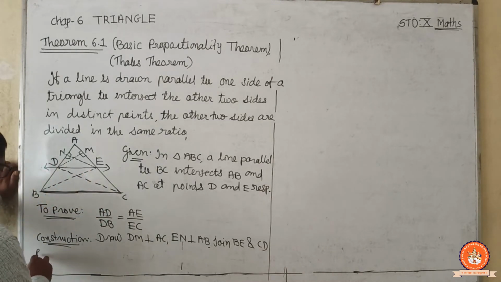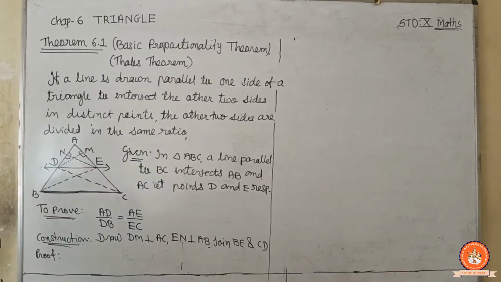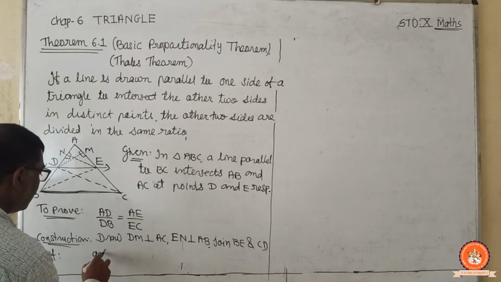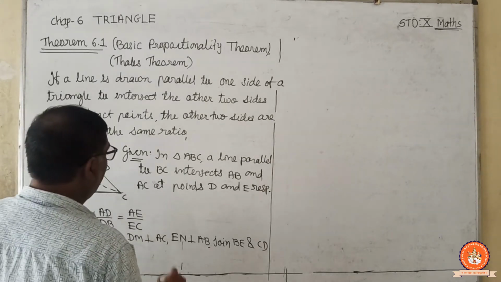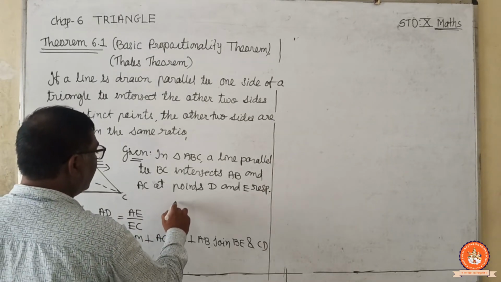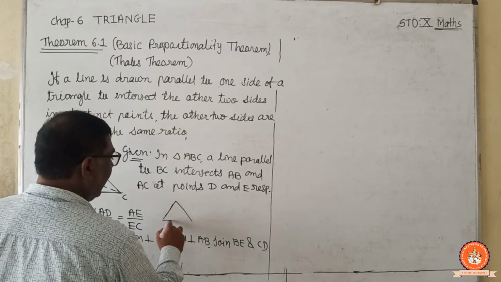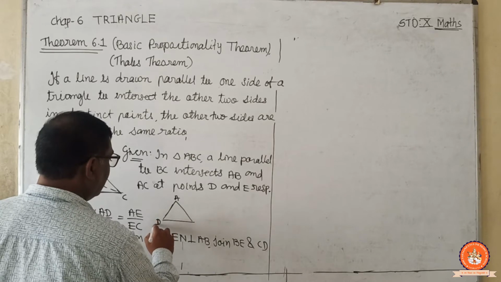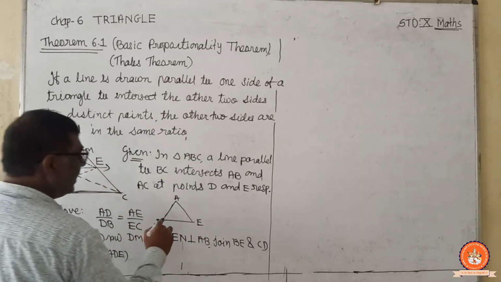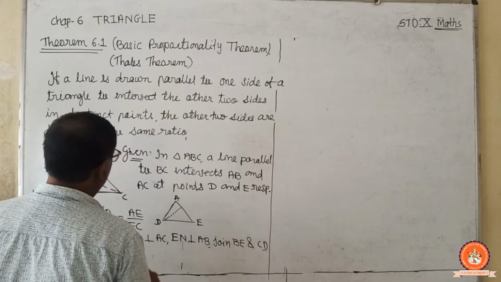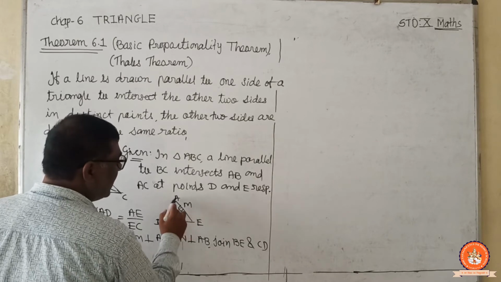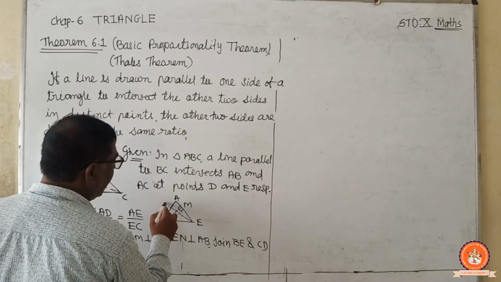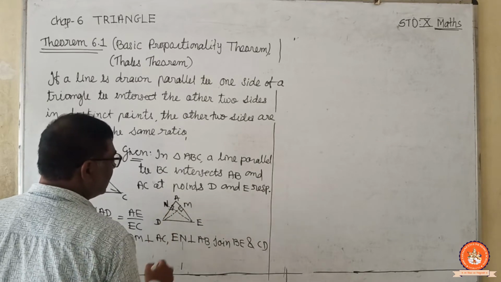Now proof. Now my friends, we know that area of triangle ADE. Now you can see triangle ADE. This is triangle ADE. It has altitude DM on the base AE and altitude EN on the base AD.